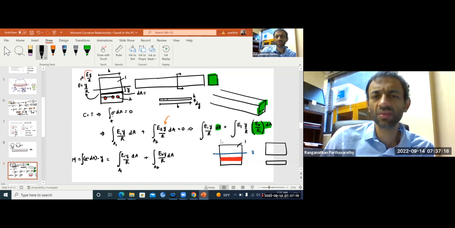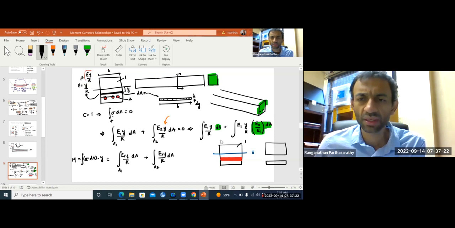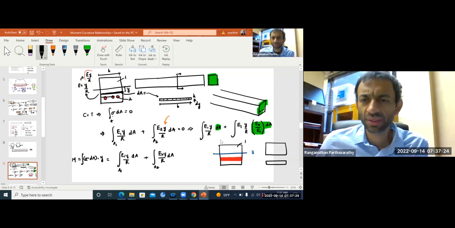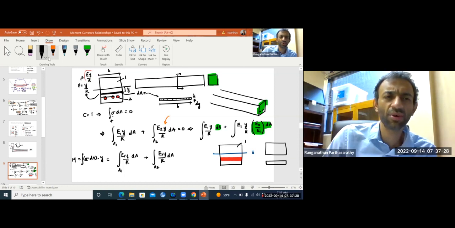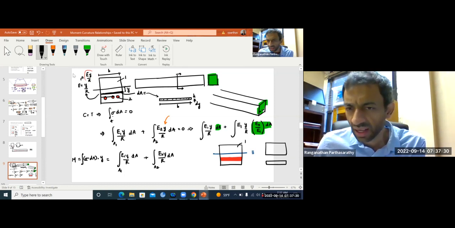So b times dy, that is the area dA. Now, what I'm going to do is, at the level of this steel, I'm going to modify this steel, and I'm going to replace it by like that.